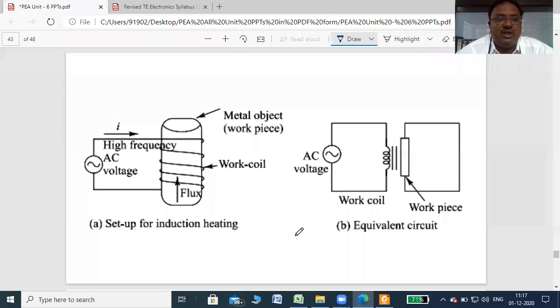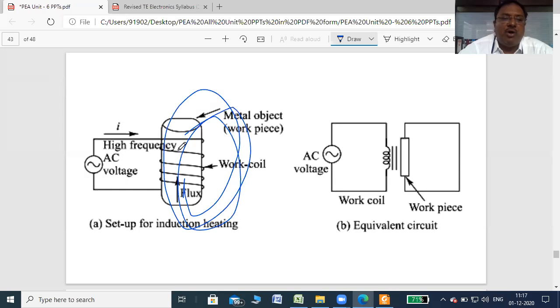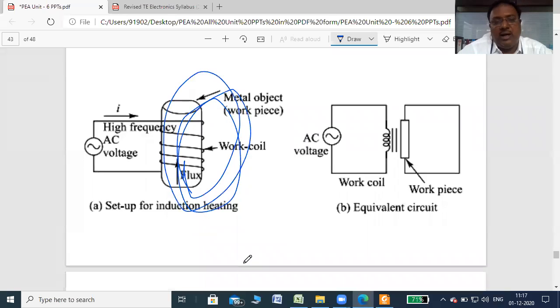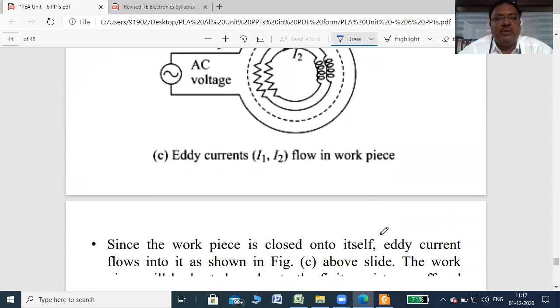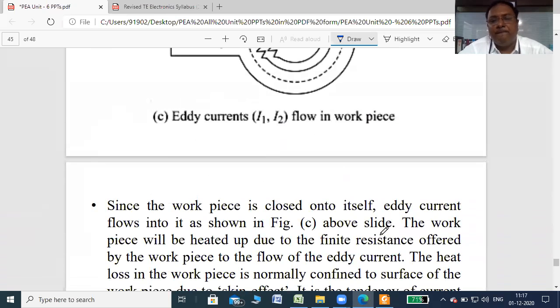So EMF is induced in the metal object. Once EMF is induced, a magnetic field starts to produce across the metal object, so that eddy current starts to flow through the metal object. And once the eddy current starts to flow through this object, then definitely the object will be heated, and that object being heated means induction heating. So the concept is given here.